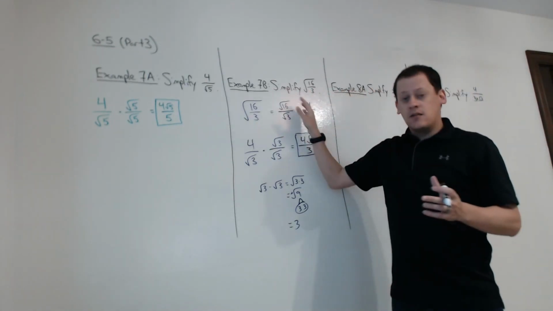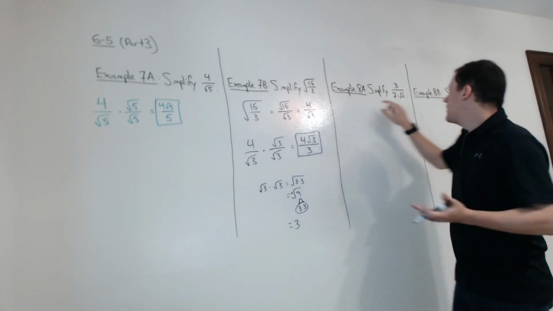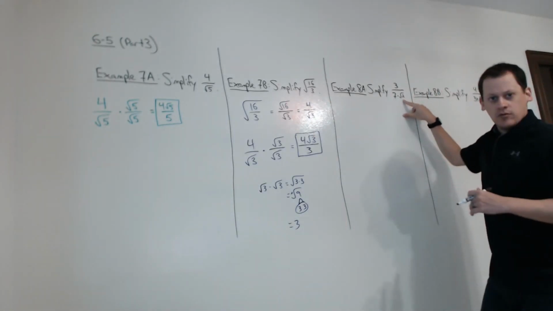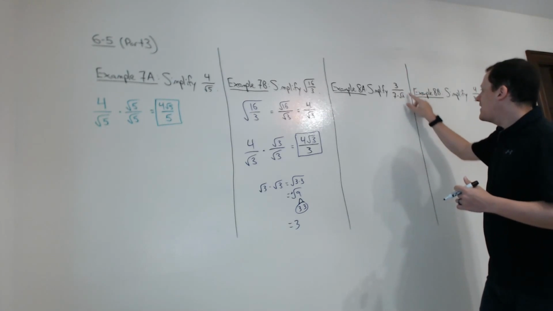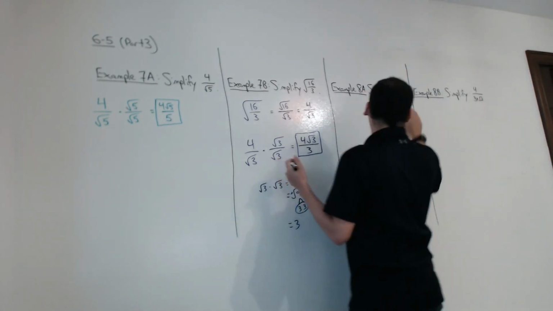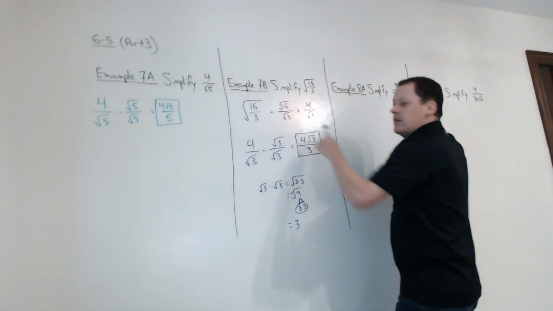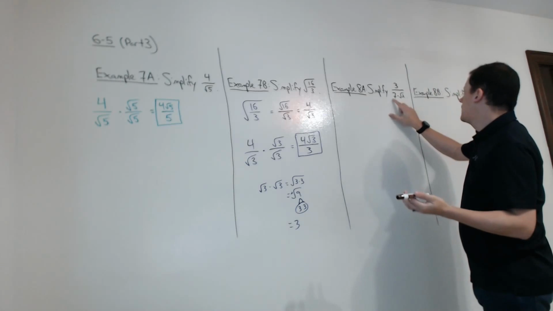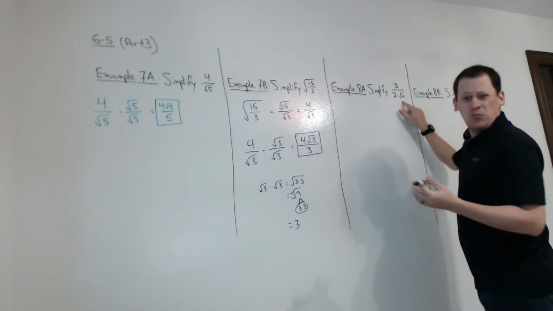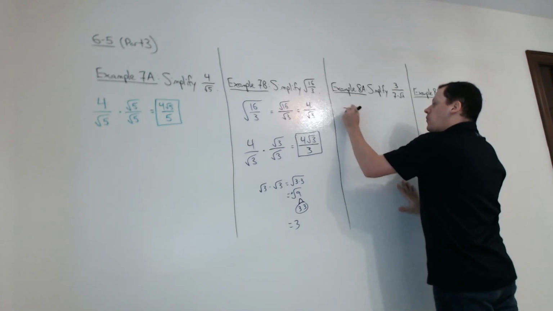For these, there was only one term here. There are no plus or minus signs. Here we've got 7 minus the square root of 2. The fact that this has 2 terms is going to make it impossible for us to get rid of this root here just by multiplying by that root again, because this is more than just the square root of 2. So there is a different way of dealing with that.